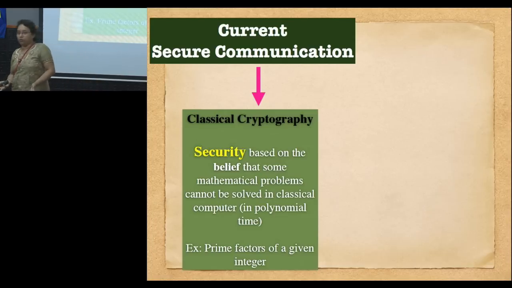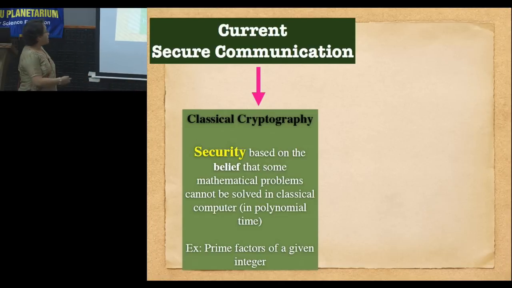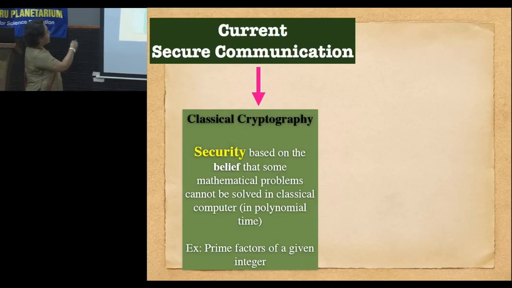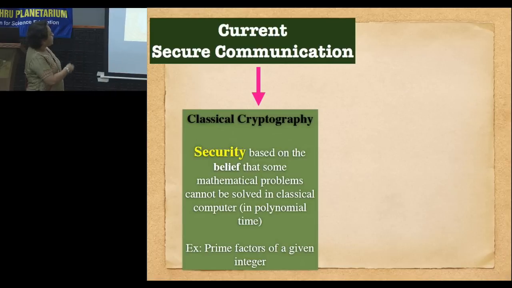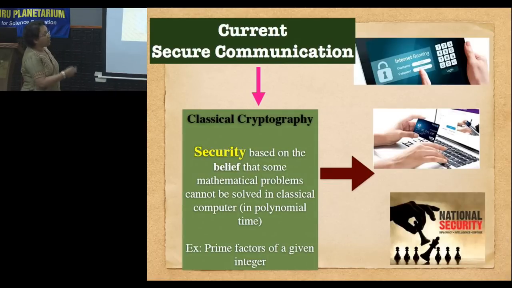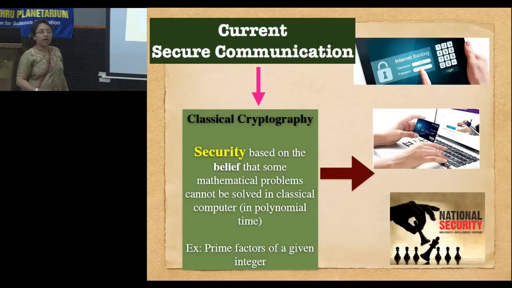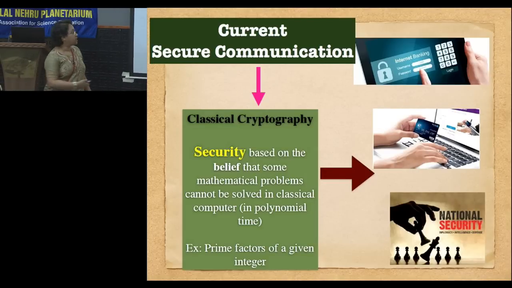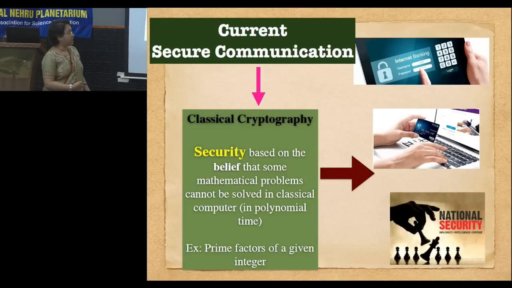It's not possible. So the security of the current crypto system is based on this kind of belief, and this leads to the security of all communication, from internet banking to national security.